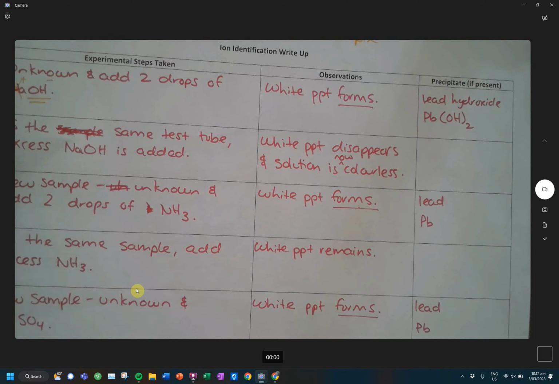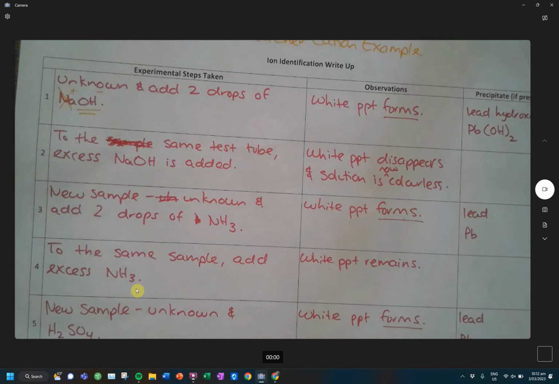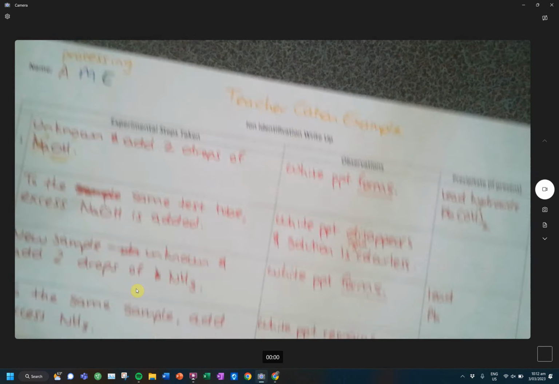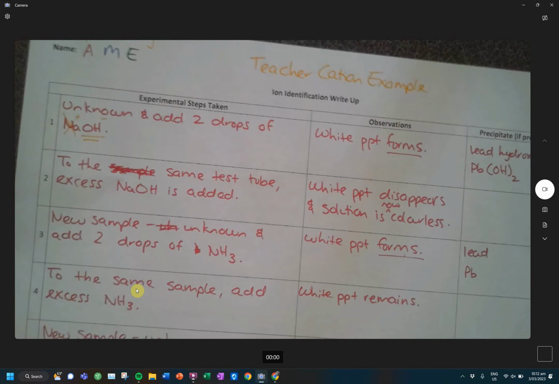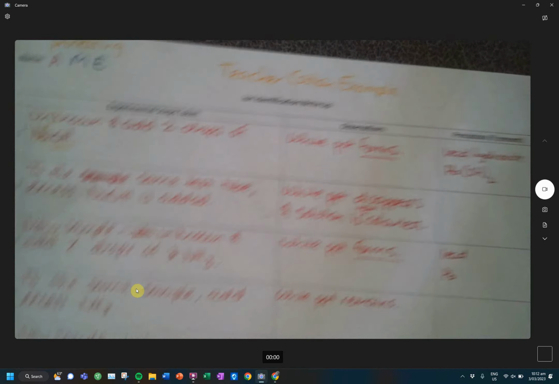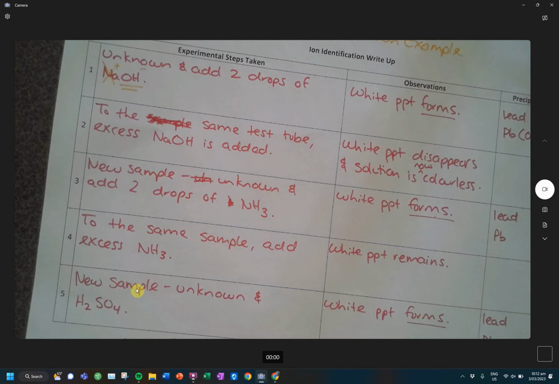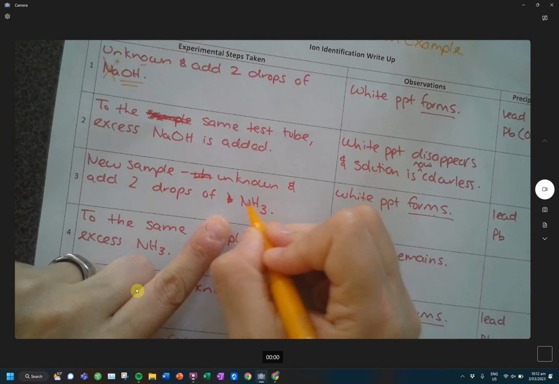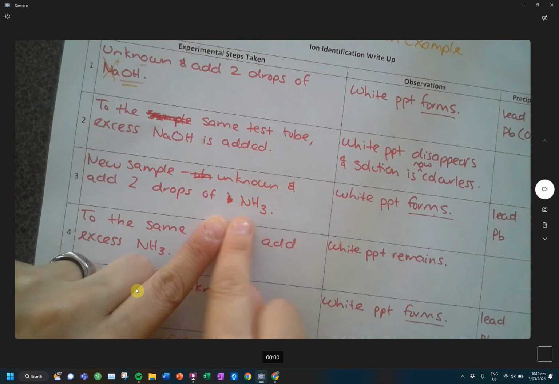All right, new sample, unknown, and I added 2 drops of ammonia. So this is the tricky thing that a lot of people make mistakes on and thus miss out on their points. Angela, you can grab a sheet like this from the front. We're just working through cations. All right. So something you have to remember that's going to be tricky about this is that we are not using the ammonia in this precipitation reaction.